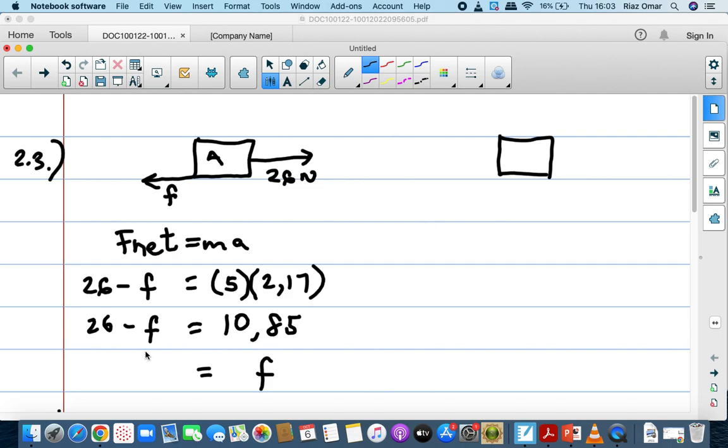So 5 times 2.17 will be 10.85, and then the minus F will come to that side, the 26 is on that side. So F is 15 newtons.